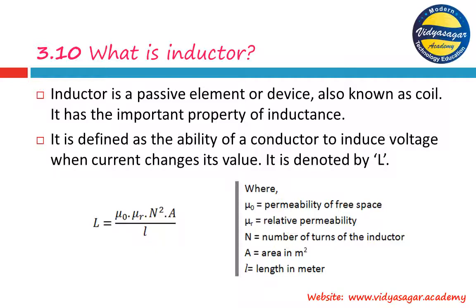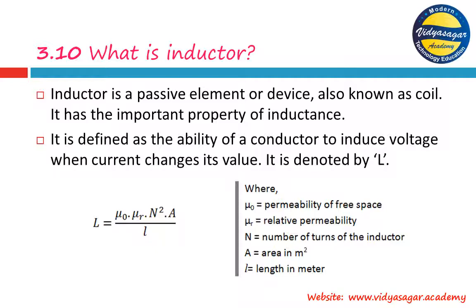So inductance is mathematically given here as L. It is denoted by L. L is equal to mu 0 dot mu r multiplied by N square multiplied by A upon l. The values and the relevant meanings of these terms are given on the right hand side.